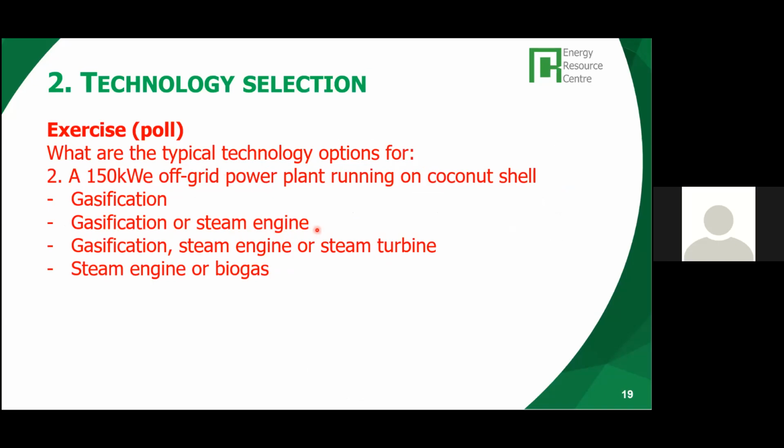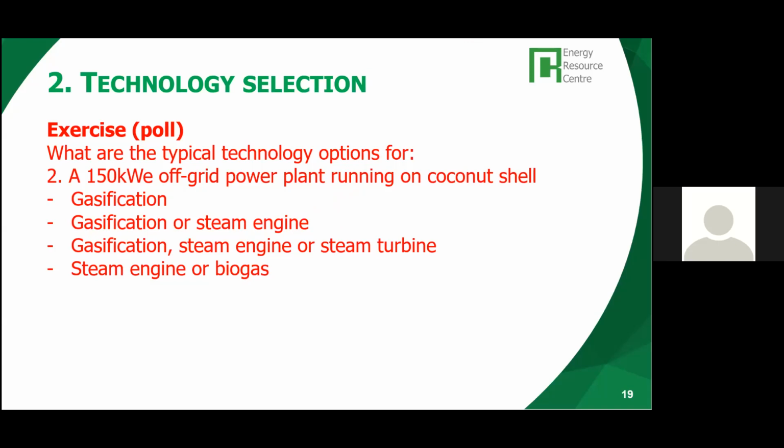So we have a second poll. Let's say you can always try again. It's for a 150 kilowatt off-grid power plant running on coconut shell. I will start the poll again. So what are the options for a 150 kilowatt off-grid power plant running on coconut shell?